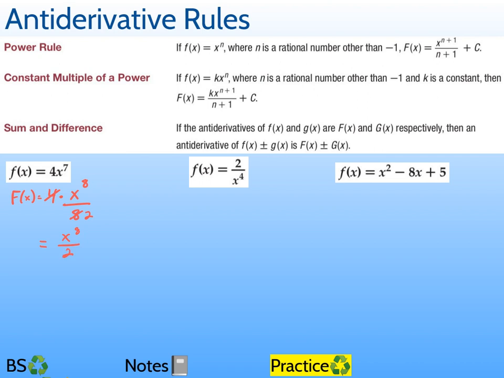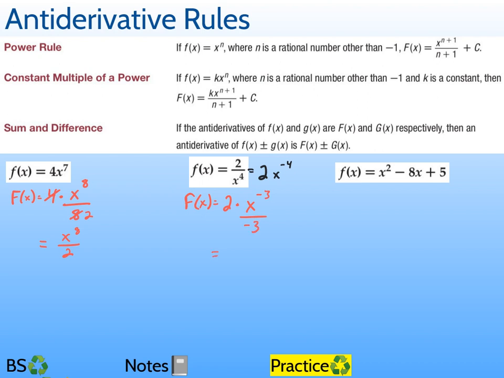For the next one, I'm going to rewrite this thing again just to make it easier. We don't want x's in the denominator, it gets confusing. This is 2 times x to the negative 4. Now we can take the antiderivative very easily. So capital F of x equals 2 times x to the negative 4 plus 1 is negative 3, and then you divide by negative 3.